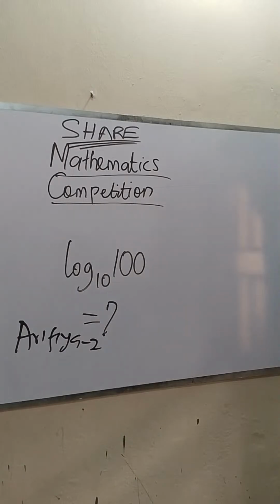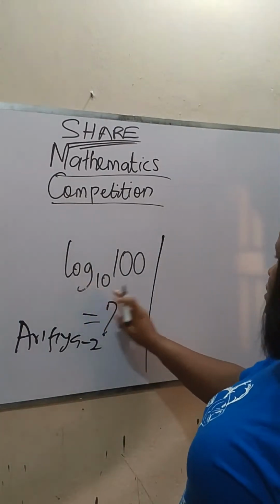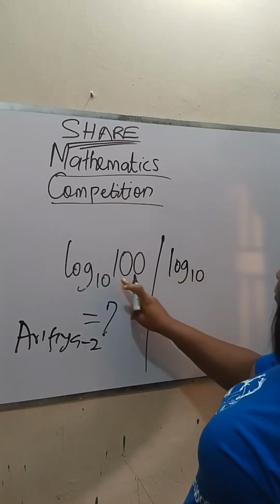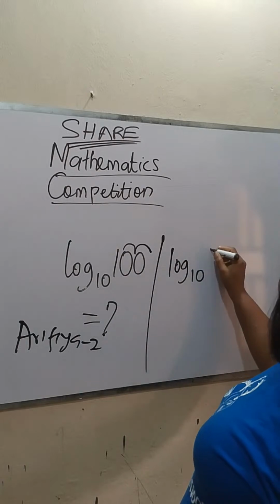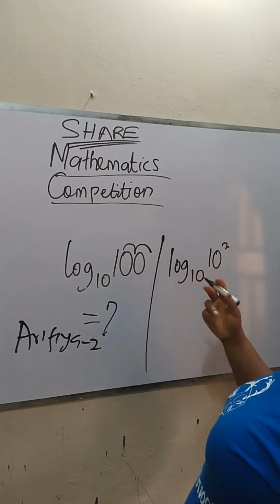So let me solve it. This one is very easy. This is log to base 10, and we know that 100 is 10 raised to the power 2. Log of a base to itself is 1.